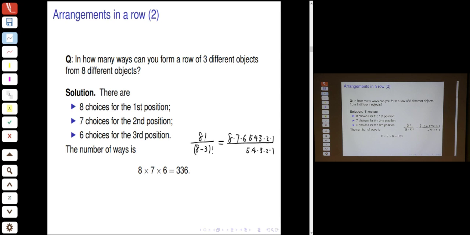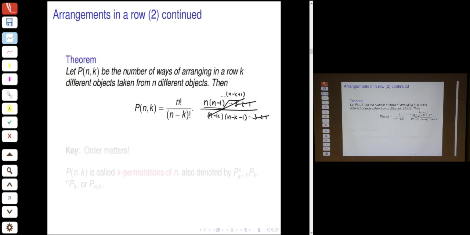On top you get the product of 8 numbers. On the bottom you have the product of 5 numbers. Now, the tail gets cancelled. So actually, what's left is just 8 times 7 times 6. So this formula says the same thing, but in a different way.